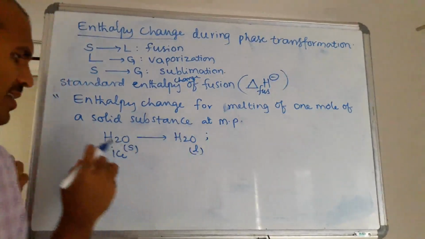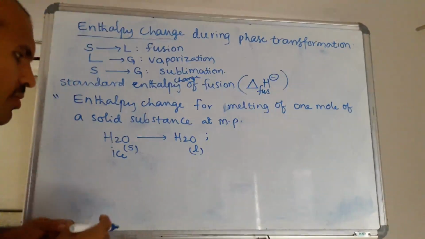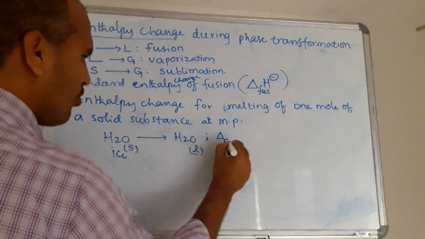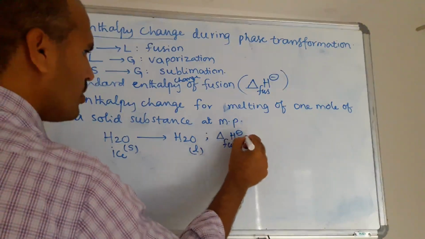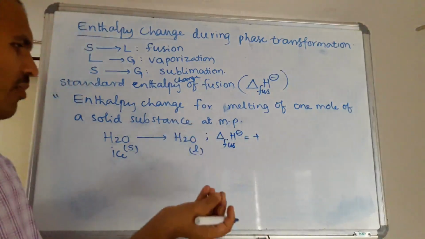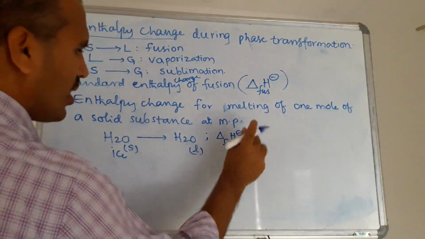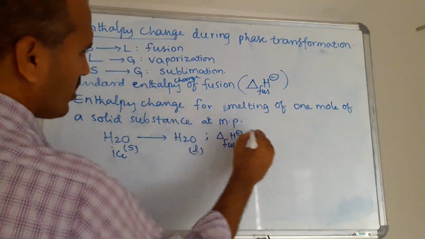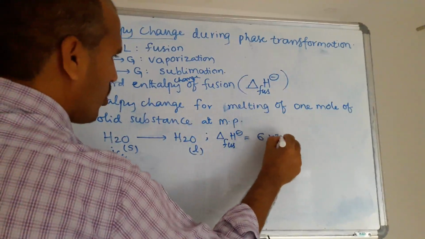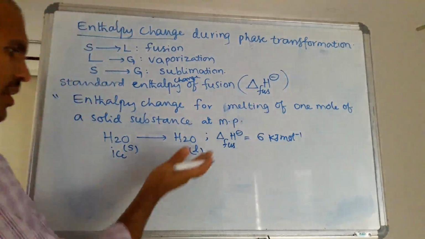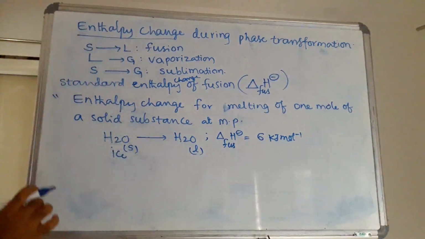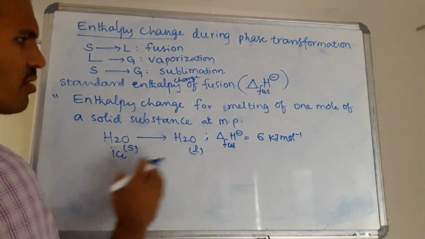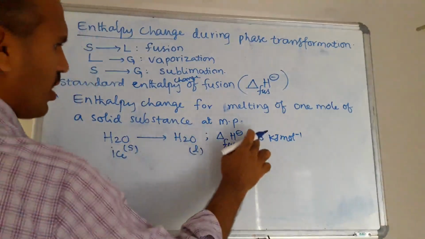For solid converting to liquid, is energy required or lost? Energy is required, then only it melts. Therefore the enthalpy of fusion is plus. If plus is not given, you have to consider it plus only. For your understanding I am writing plus 6 kilojoule per mole. The reverse, liquid converted into solid, is called freezing, with the same enthalpy change but a negative sign.